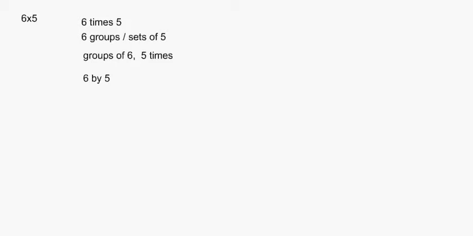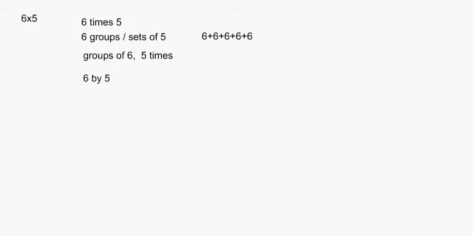And what I find with students is even what they say and what they mean are not the same things. I showed a student 6 times 5. I asked them, what does it mean? And they said 6 groups of 5. I said, could you write that down as an addition question for me? They said, okay. And they wrote down this.